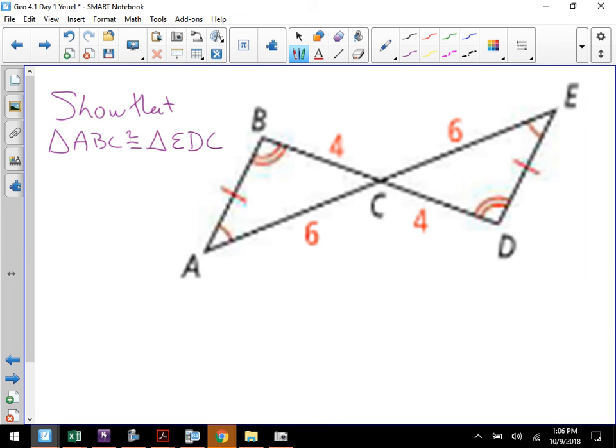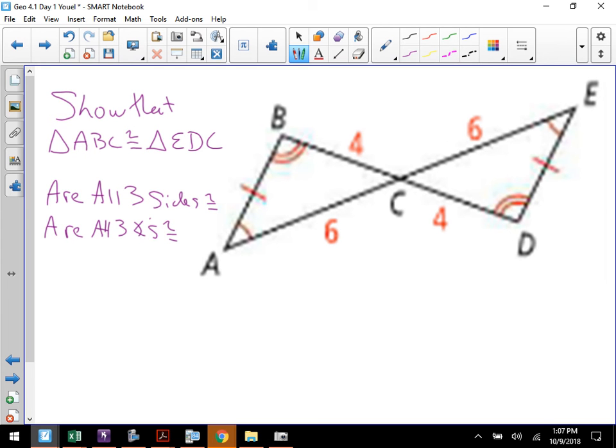How many angles are in a triangle? 3. How many sides are in a triangle? 3. That means I'd have to show that all 3 sides are congruent and all 3 angles are congruent. Is there enough information on here to show that those corresponding 3 angles, those corresponding 3 sides are congruent? Yes. Okay. How?